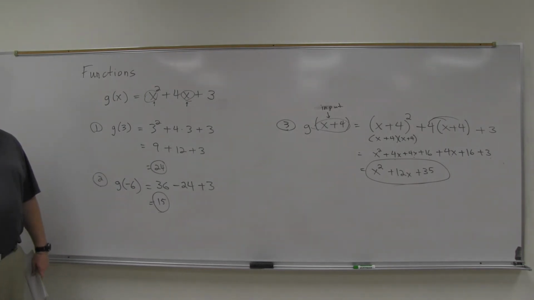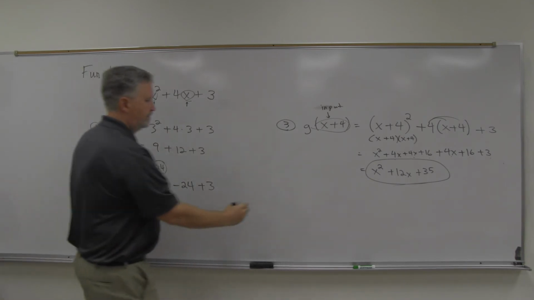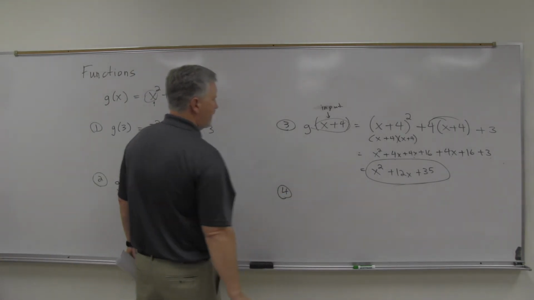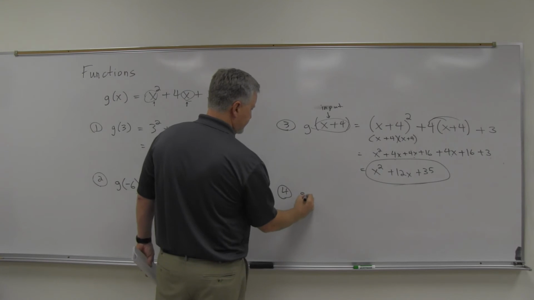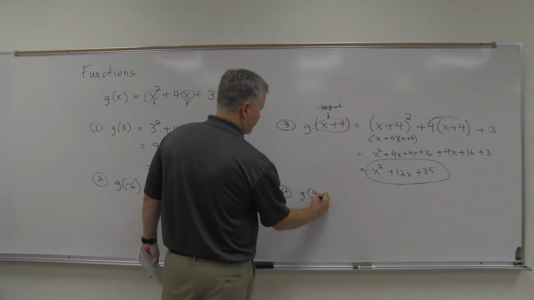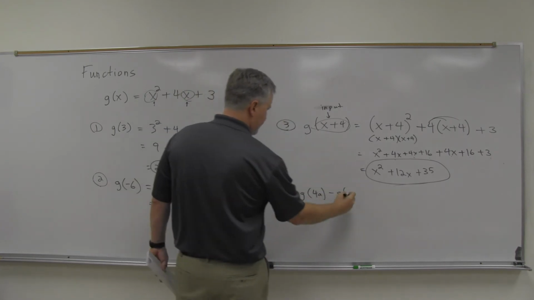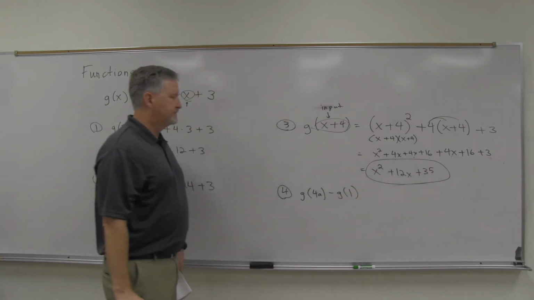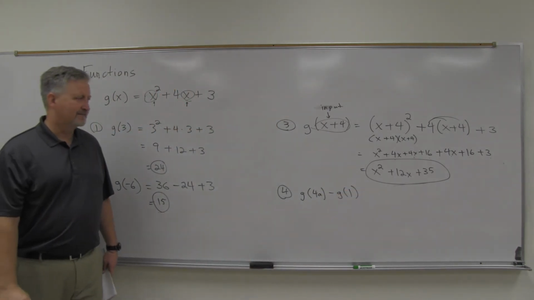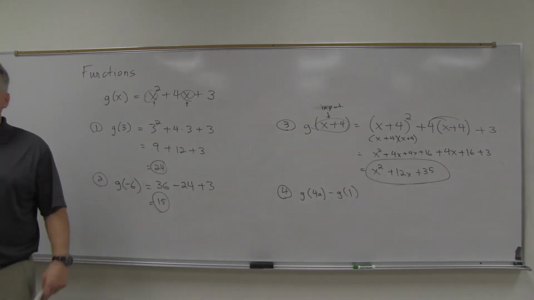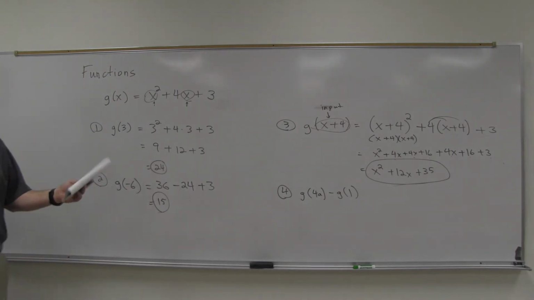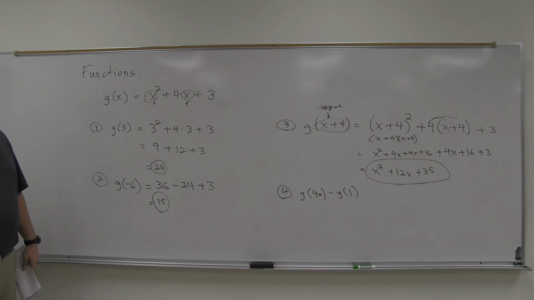Okay, now, let me throw this one at you. What would g of 4a minus g of 1 be? Yeah, you can mix and match, put two function values together like that.